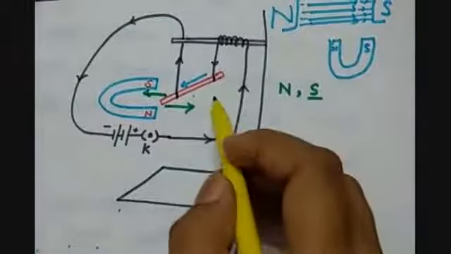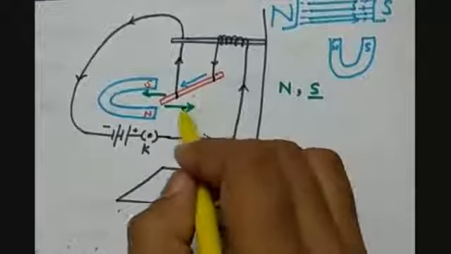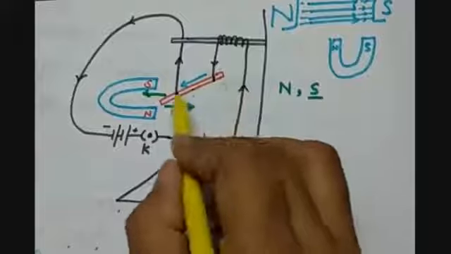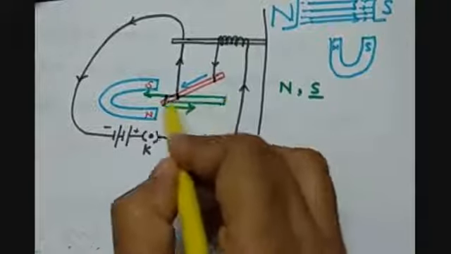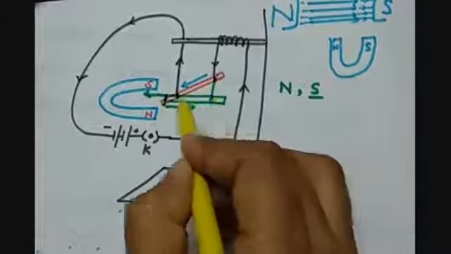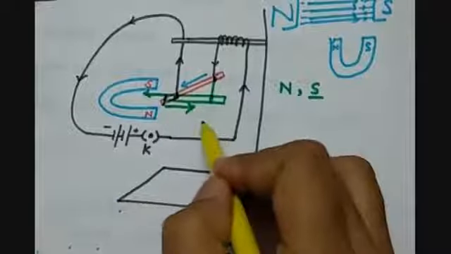So what was done after this: this strip was placed almost in a linear position and the current was passed through it.